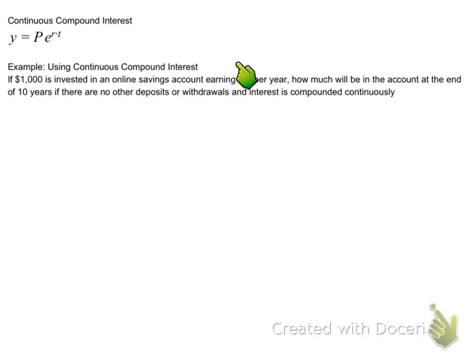Guys, don't rewrite this part. This is the same exact problem. I just said at the end, put compounding continuously. This is continuous compound interest. They use PERT. A equals, sorry, I have a Y there.